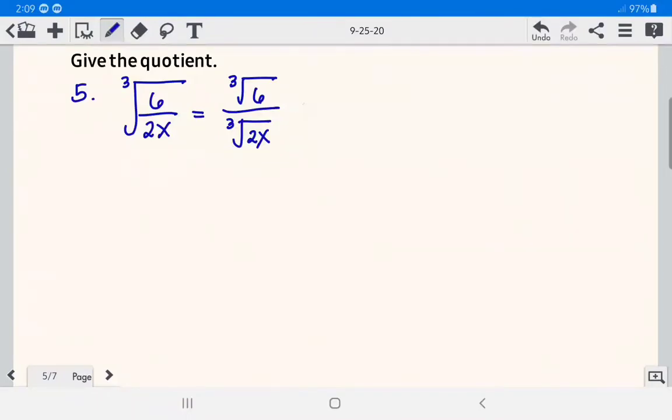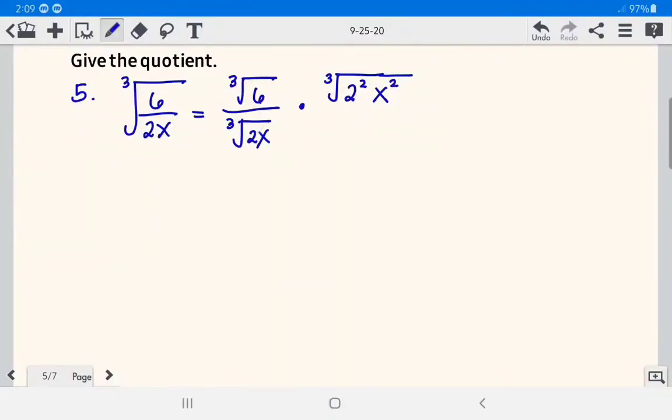Now, we're going to make the denominator a perfect cube. So we're going to multiply both the numerator and the denominator by the cube root of 2 squared, x squared.